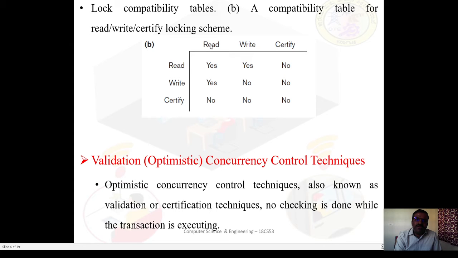Read and read, yes. Read and write, yes. Read and certify, no. Write and read, yes. Write and write, no. Write and certify, no. Certify and read, no. Certify and write, no. Certify and certify, no.